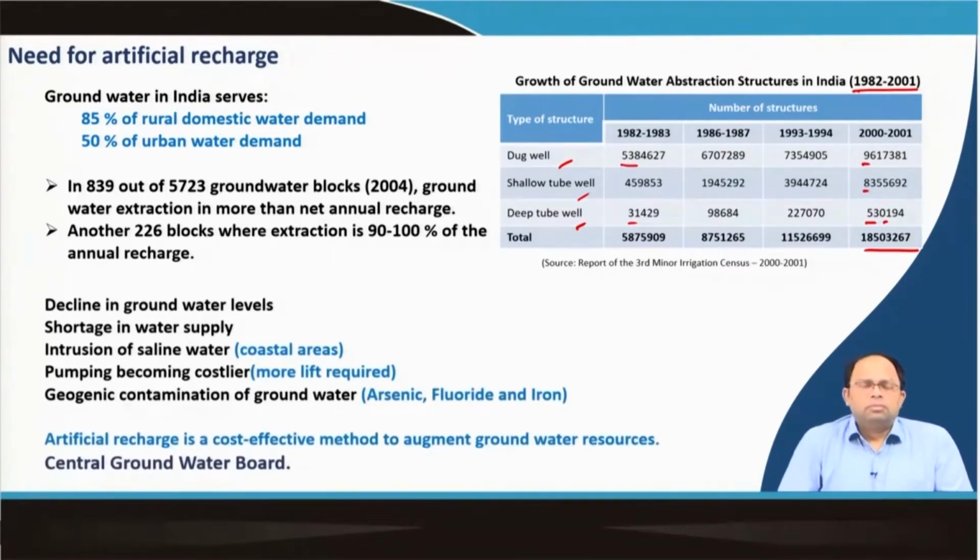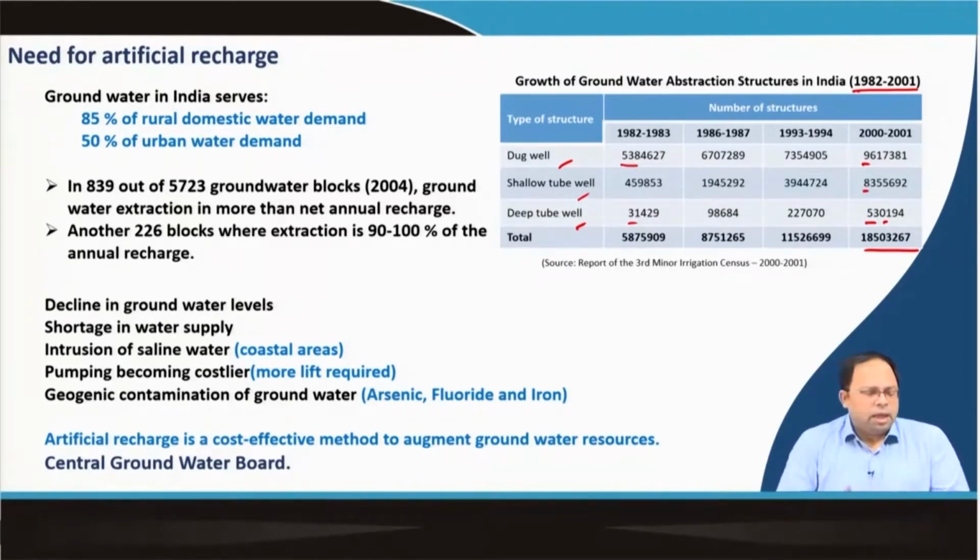What happens with a decline in groundwater levels? First of all, there will be a shortage in water supply. That is the first problem. Then in the coastal areas, we will see intrusion of saline water, because there is no groundwater in the aquifer, so the saline water will push inward, and as you know, intrusion of saline water will affect agriculture and all these things.